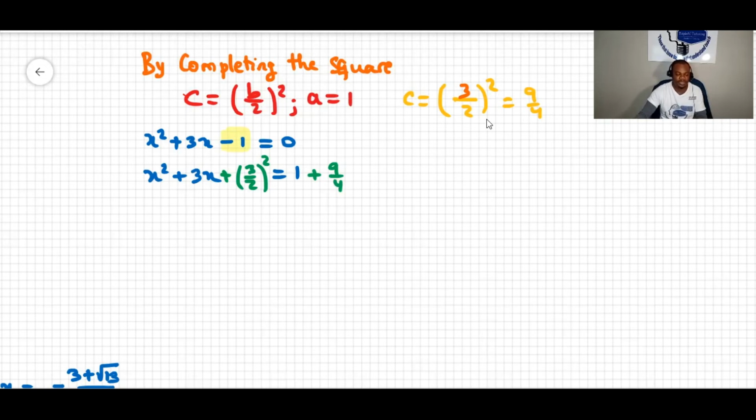Now over here, I'm going to write x squared plus 3x. Okay, sorry. Once I find that C value, I just want to take the base of the first and the last term. And then this will be x plus 3 over 2 to the power of 2. Okay, I must take the sign.